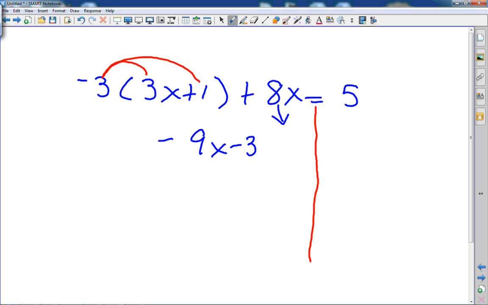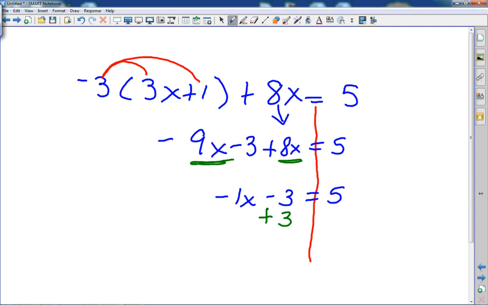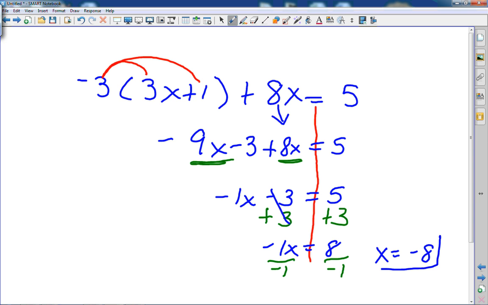Bring down the plus 8x equals 5. Put your x's together. I get negative 1x minus 3 equals 5. I'm going to add 3 to each side. I get negative 1x equals 8. Divide by negative 1. X equals negative 8.